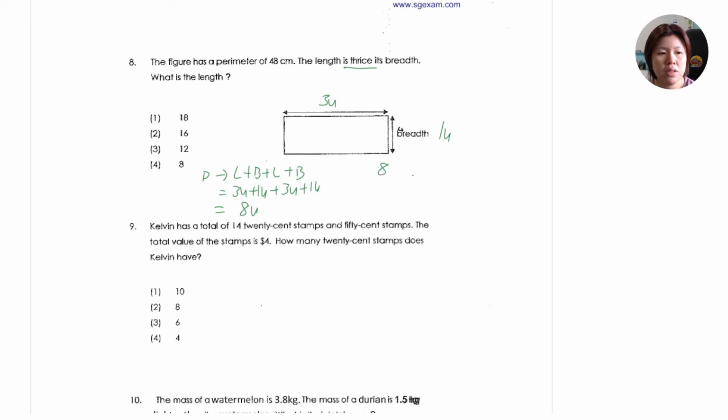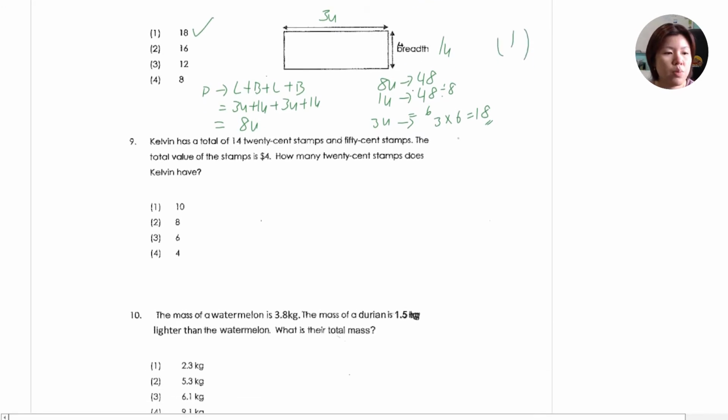So 8 units is 48. 1 unit is 48 divided by 8, which gives you 6. I want to find the length. The length is 3 units. 3 times 6 equals 18. Number 1.